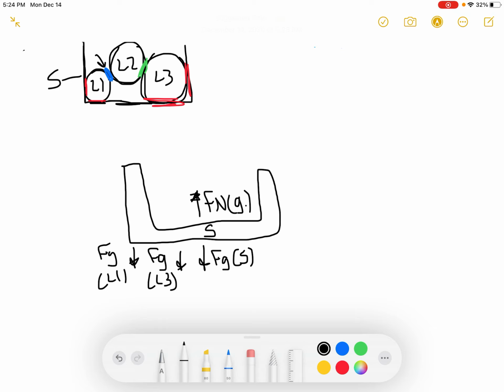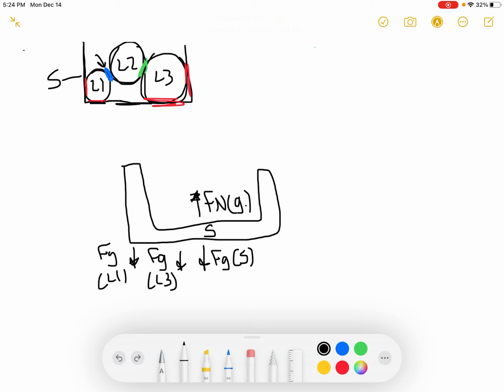There's not one for 2, because once again, it's not touching the stand. There's other forces, but this time they're not going to be normal or gravity. They're going to be push and pull forces.